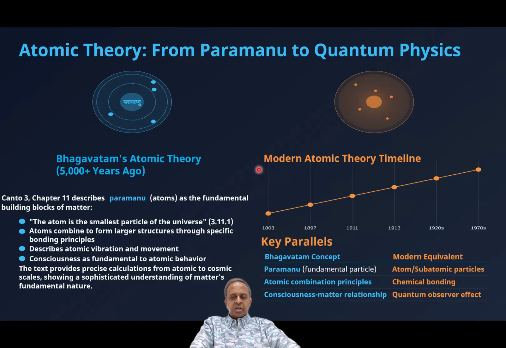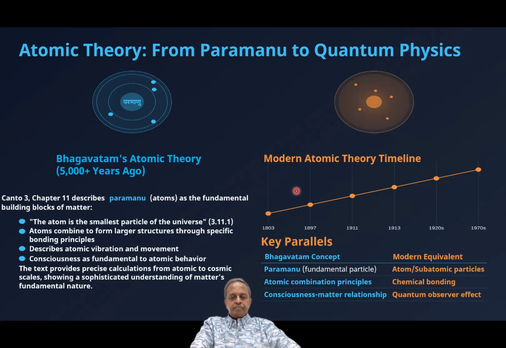Now let's look at the modern atomic theory timeline. So let's examine how modern atomic theory developed in comparison to 5,000 years ago, what's described about Paramanu in Canto 3. Democritus proposed atomic concepts around 400 BCE, already 2,600 years after Bhagavatam.